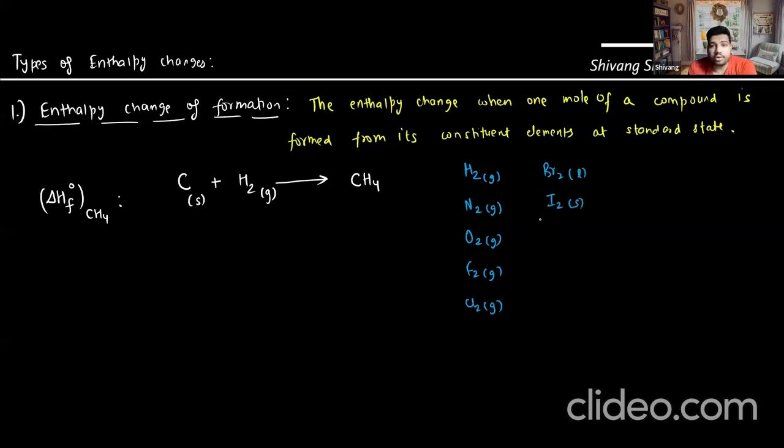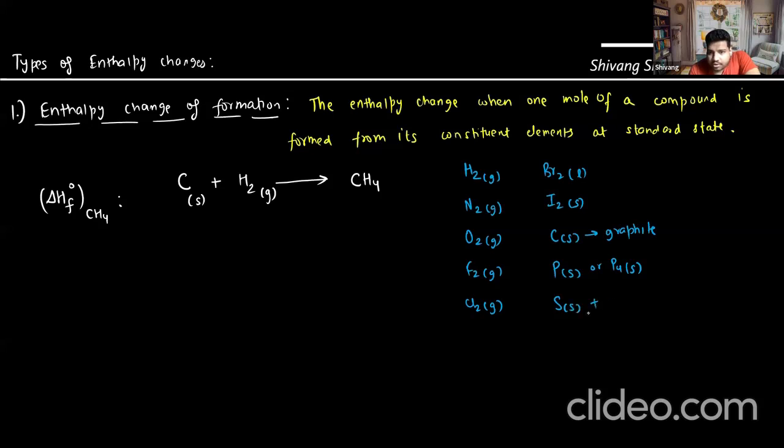Iodine is I2 solid. Then you get to carbon, which is a solid, and this carbon is graphite. Phosphorus is P solid or P4 solid. Both are fine. Both are accepted in the marking scheme.